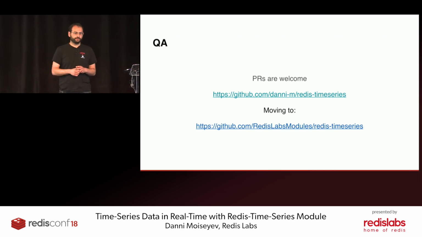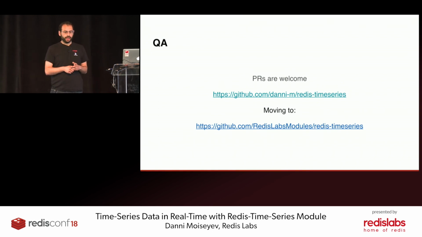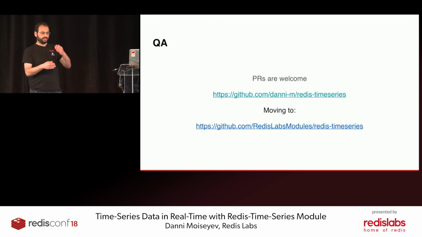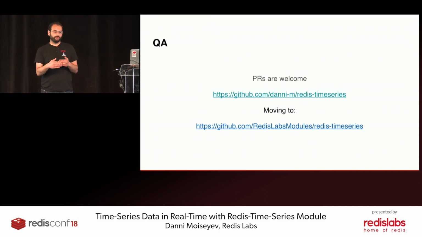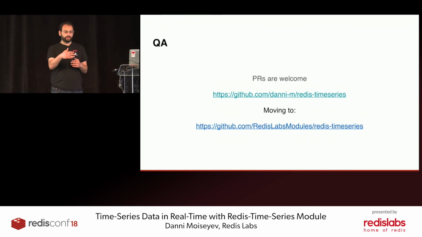Does that mean it deletes using the TTL and then just a normal sweep that Redis does? If you use TTL on a key, it will just delete the whole key. So you can definitely have TTL plus the retention policy. The TTL will make sure that if you didn't report anything in the last X seconds, it will delete the whole key. So that's something you can do.